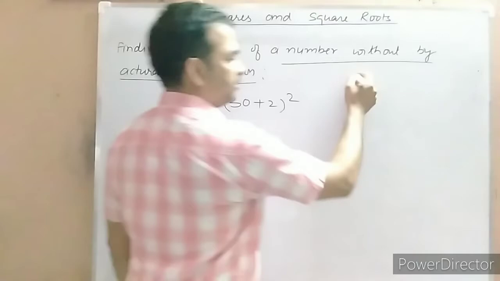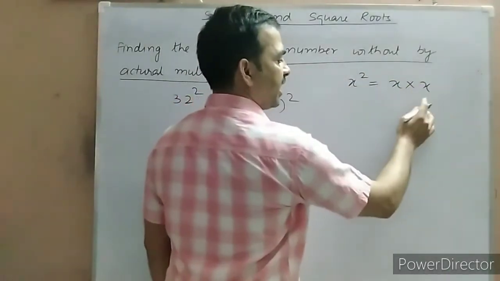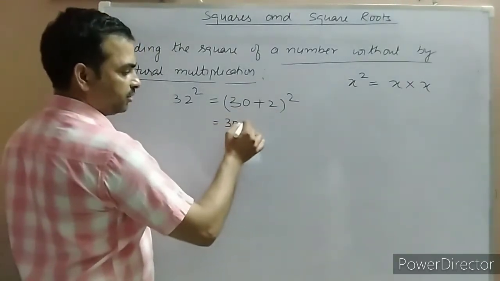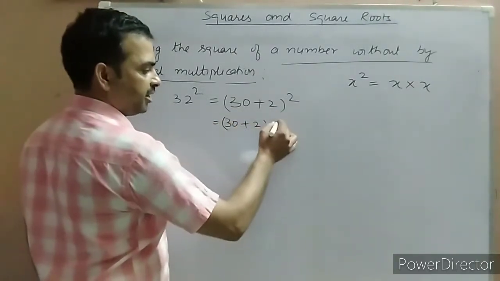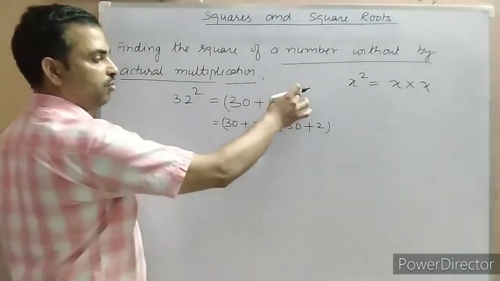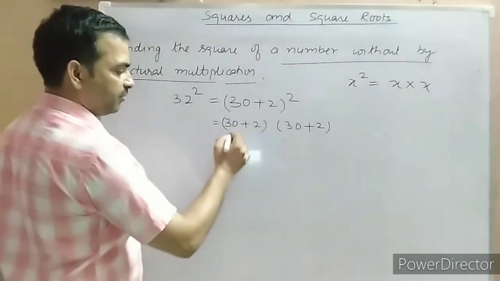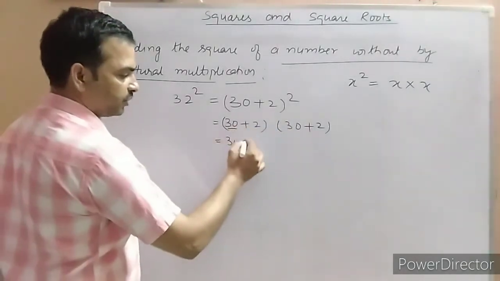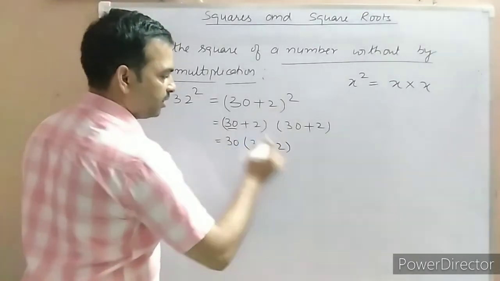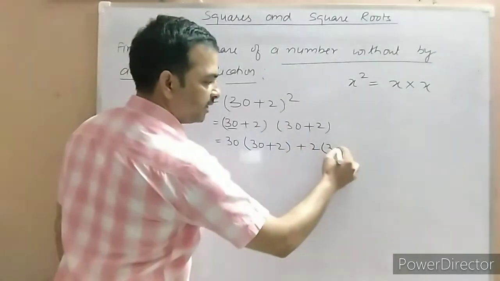As we know, x squared can be written as x multiplied by x. Therefore, we can write (30 plus 2) whole squared as (30 plus 2) multiplied by (30 plus 2). Now multiply term by term. First of all, this 30 multiplied by the bracket 30 plus 2, and this plus 2 multiplied by 30 plus 2.